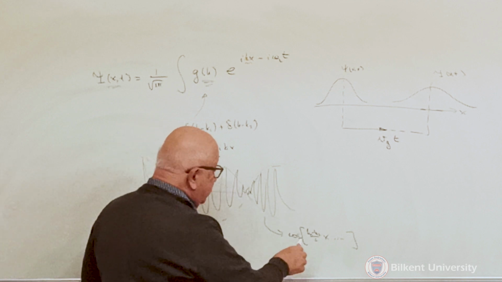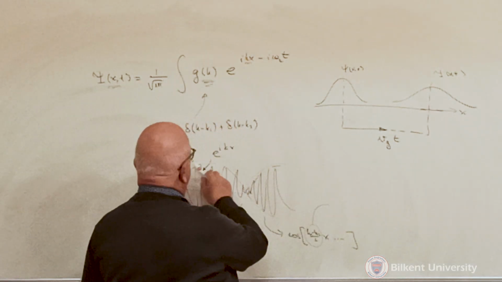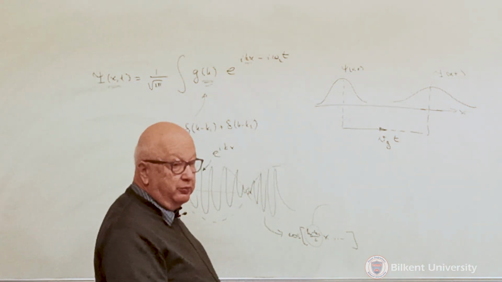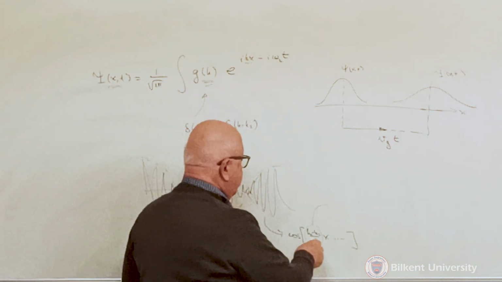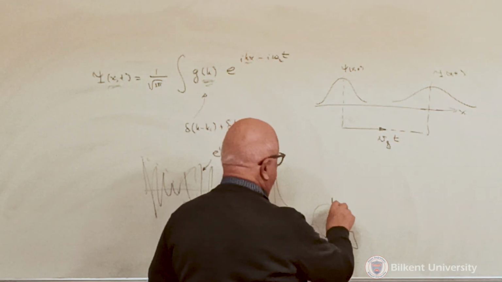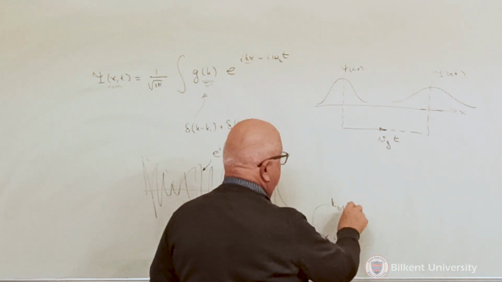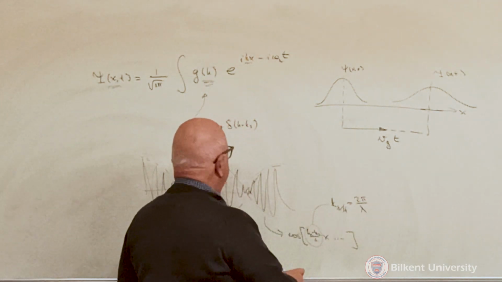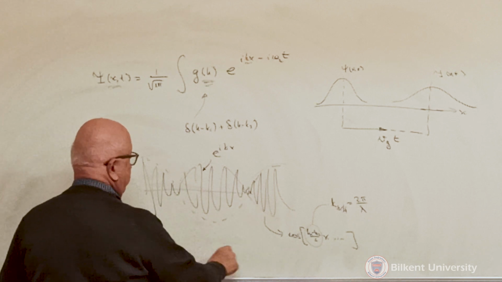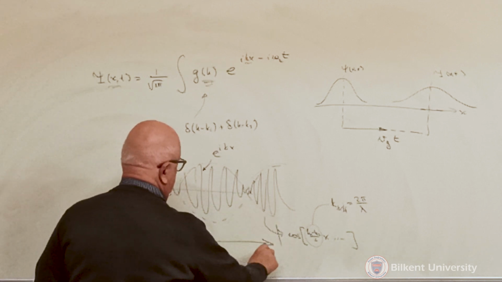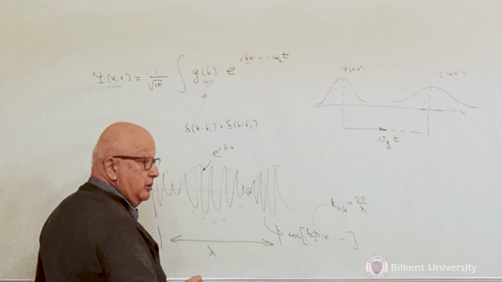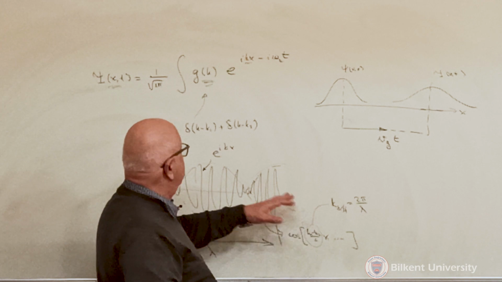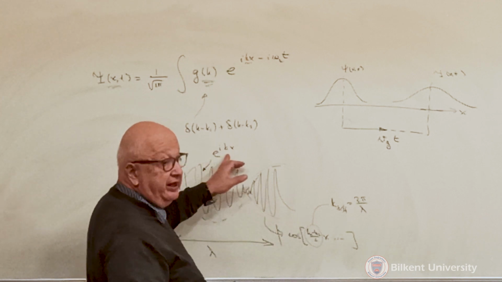So now if you look at this, if k1 is close to k2, k1 minus k2 is going to be quite small. So this effective k, the k difference, whatever you want to call it, corresponds to a wavelength, lambda, which is large. That's the wavelength of this cosine wave, which is going to be much larger compared to the wavelength of the k directly.